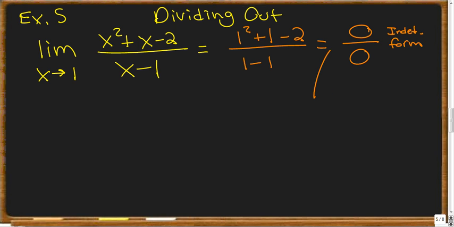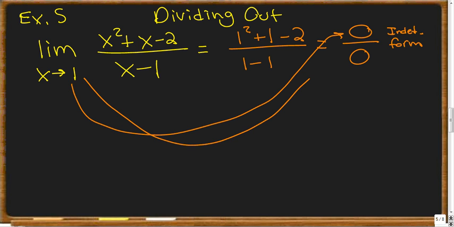What you need to think about when you see this is that when we plug 1 into our numerator, we get a 0. When we plug 1 into our denominator, we get a 0. That means that 1 is a zero of both the numerator and denominator. So we can likely factor something out to actually simplify this function to get ourselves a better answer.